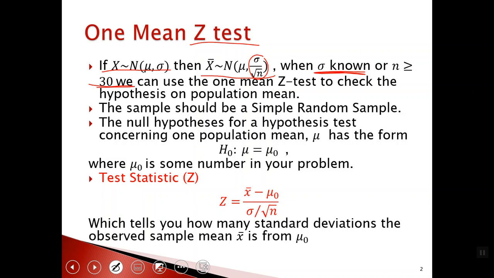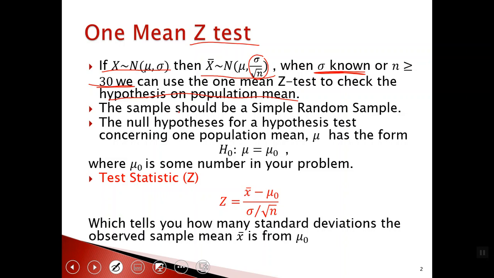If our population is not normal, still we can assume that our sample mean has a normal distribution if we have a sample size greater than or equal to 30. That's what this says. Then we can do a hypothesis test on the population mean, mu equals mu naught, something like that.